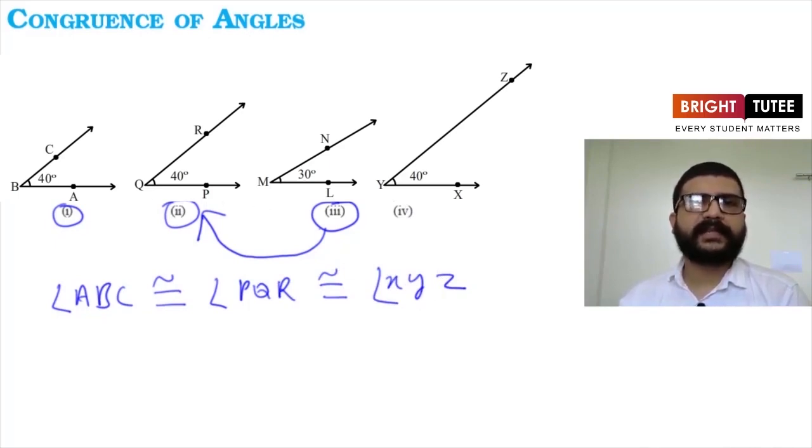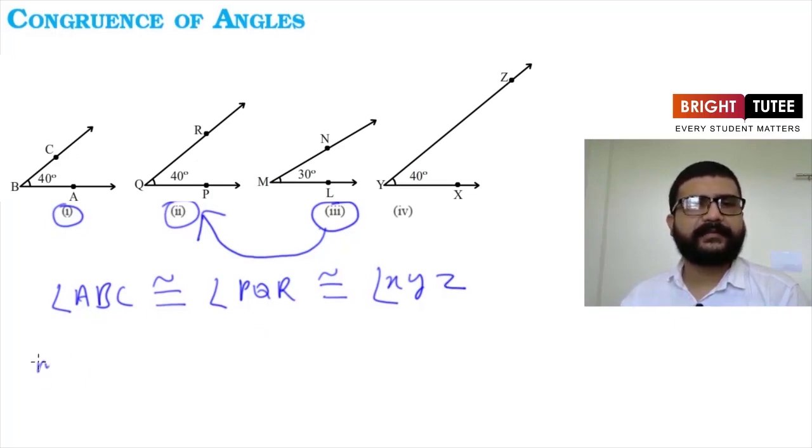We have noticed one thing here, that the length of this ray YZ is much greater than QR, but lengths are not important here. The only thing which is important is direction of these rays, because we are checking this for congruency of angles. So now these three angles are congruent.